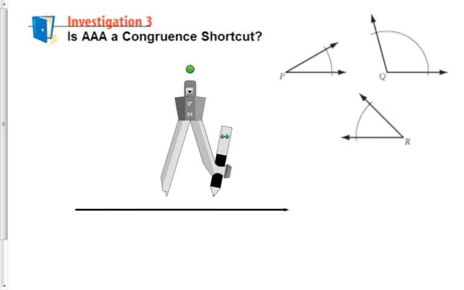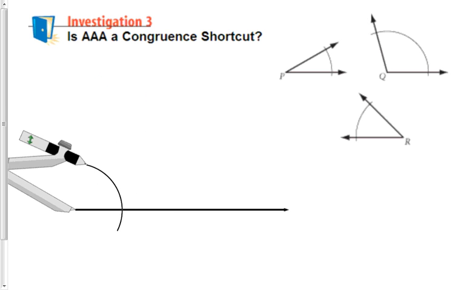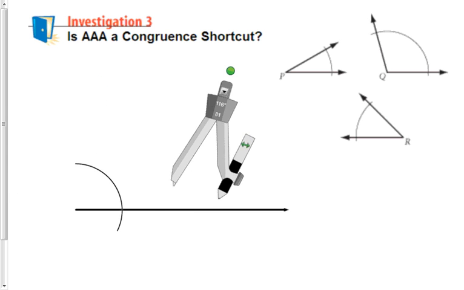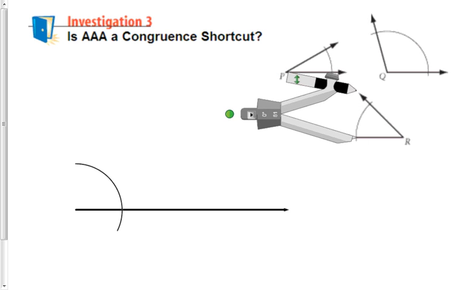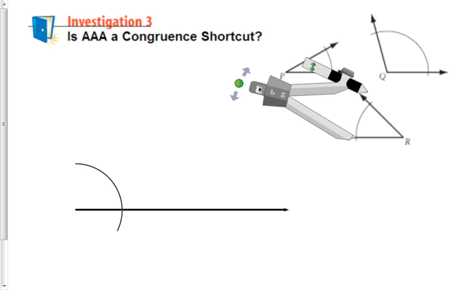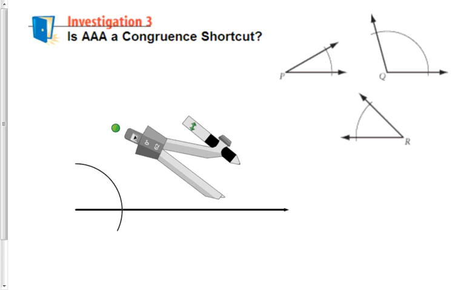Bring my compass over. It doesn't matter which angle you would duplicate first, second, or third. Does not matter. What you're going to see here, so there I have to measure the opening, right? Looks pretty good.